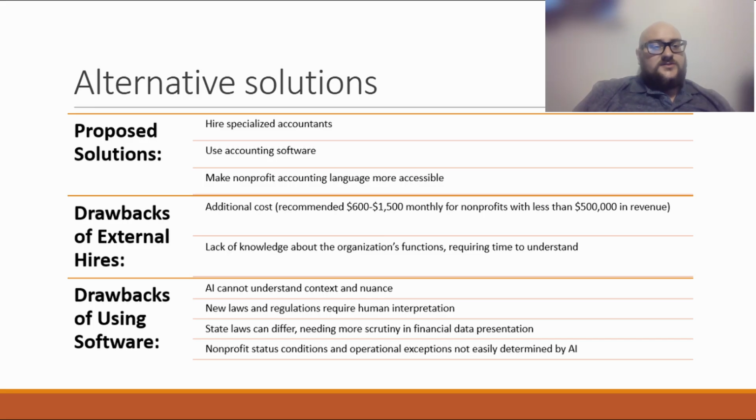Some of the major drawbacks when it comes to using software in accounting is that the artificial intelligence, or AI, cannot understand the context and nuances of the information it is being presented with. New laws and regulations usually require some sort of human interpretation, as well as the nonprofit statuses, conditions, and operational expectations, which are not easily determined by AI.